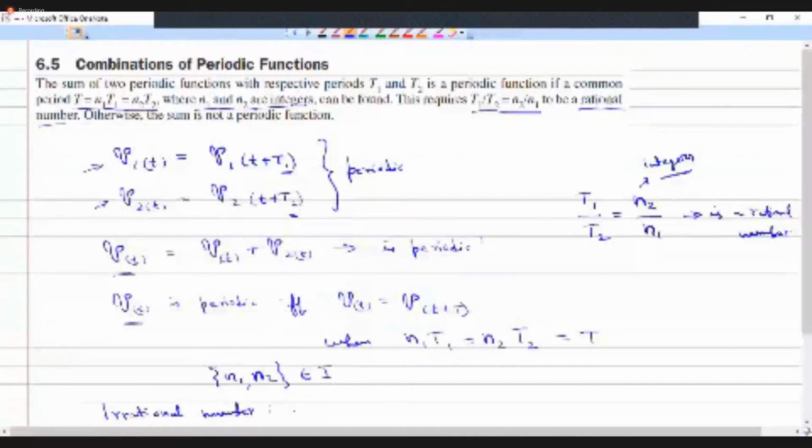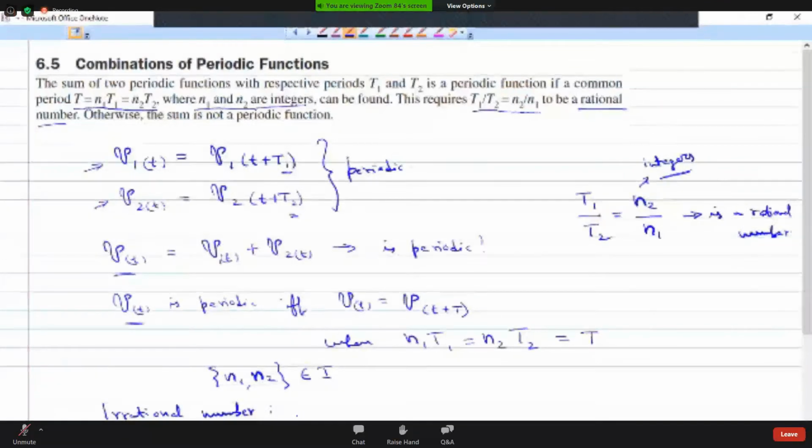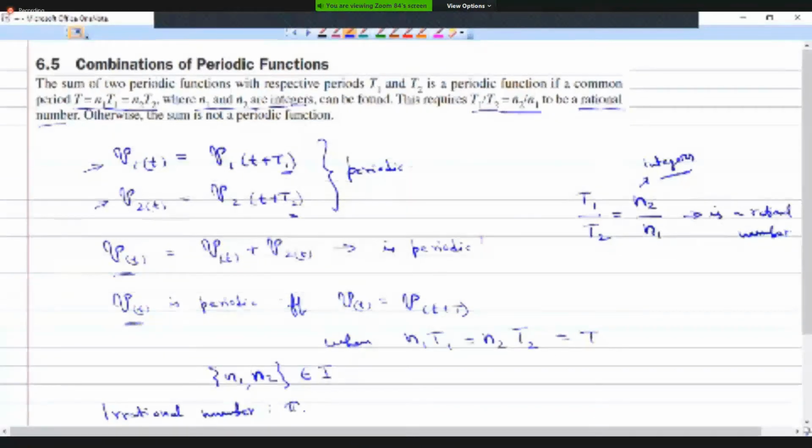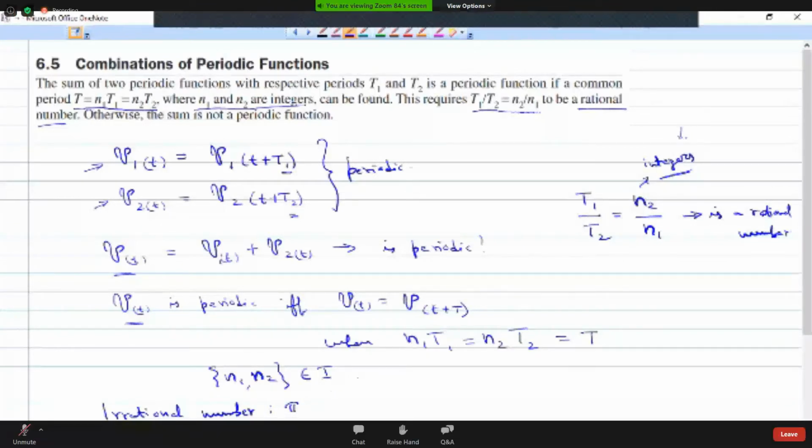The most common example is pi. We cannot represent pi by a ratio of two numbers. The most common approximation is 22 by 7, very easy to remember. But again, we know that it is not the correct approximation. So we can never represent pi in terms of the ratio of two integers. I hope you know what integers are.